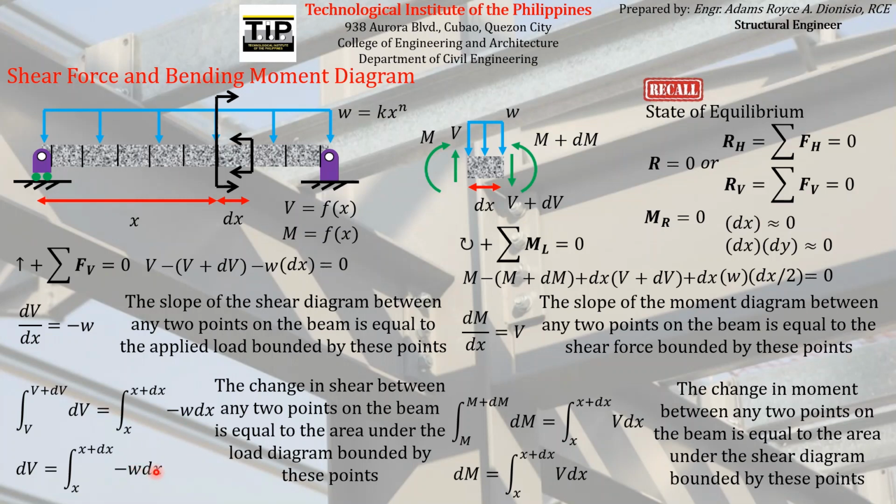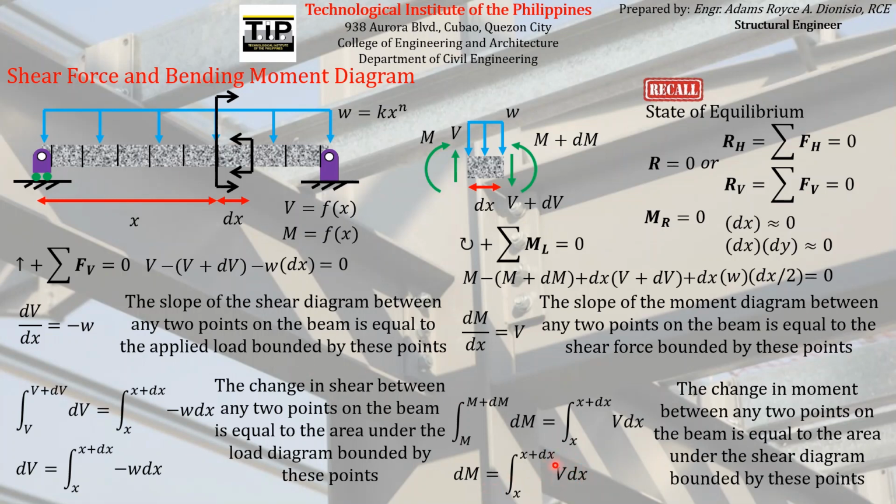So obviously, the equation that we will get here is 1 degree higher than the load diagram. The equation that we will get on the shear diagram will be 1 degree higher than the load diagram, as well as this.